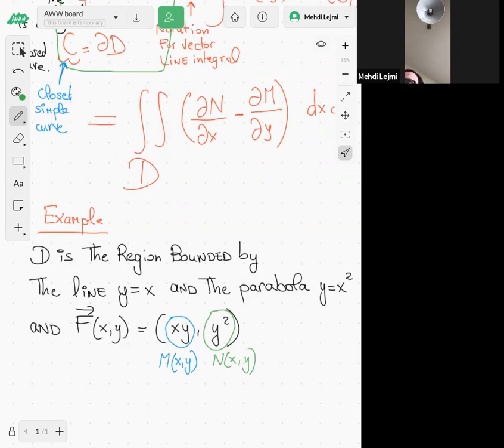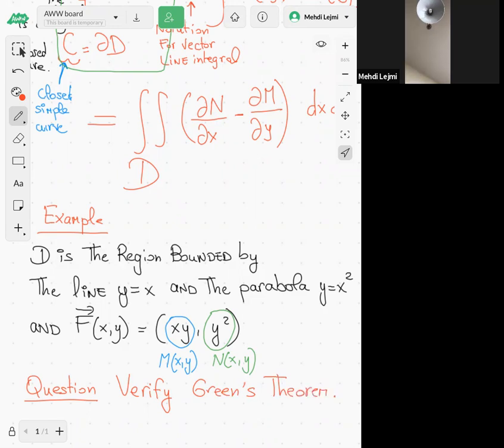Let's say you want to verify Green's theorem. The question is: verify Green's theorem. We're going to check if it's true or not.